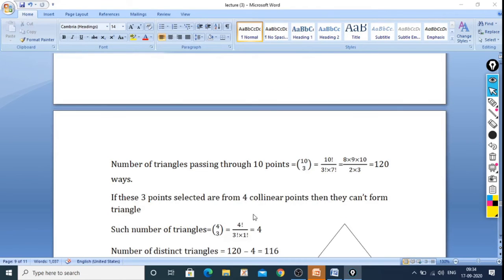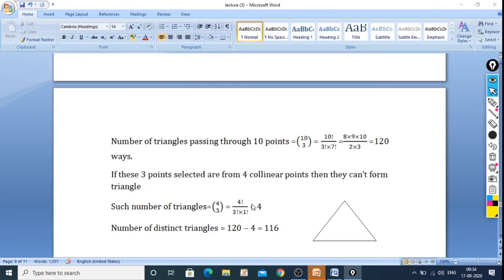Now if all of these 3 points come from the 4 collinear points, then they cannot form a triangle, because for a triangle all 3 points should be non-collinear. So how many such triangles will there be? Out of 4, if we select 3, it is 4C3. So it is 4 factorial upon 3 factorial into 1, that is equal to 4.